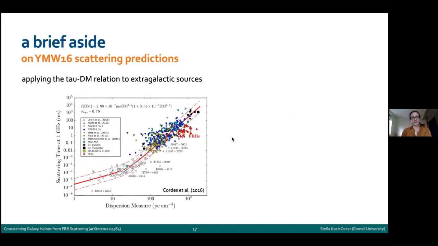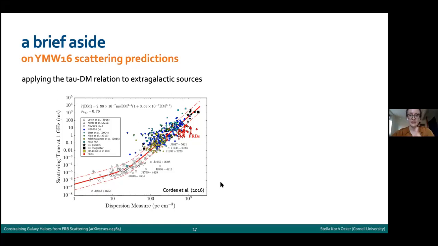And so the other reason comes down to why the tau-DM relation is steeper at high DMs than it is at low DMs. So this high DM part of the tau-DM relationship largely applies to lines of sight through the inner galaxy, right, where pulsar DMs tend to be higher.